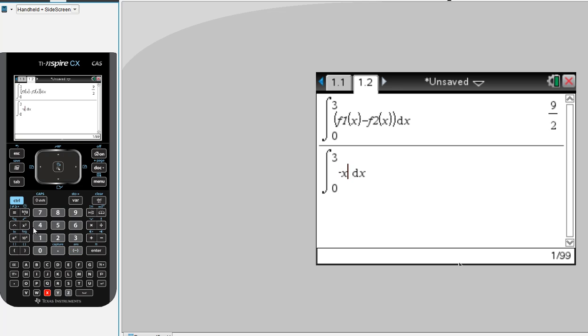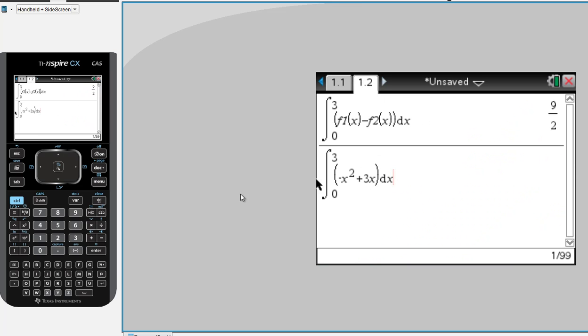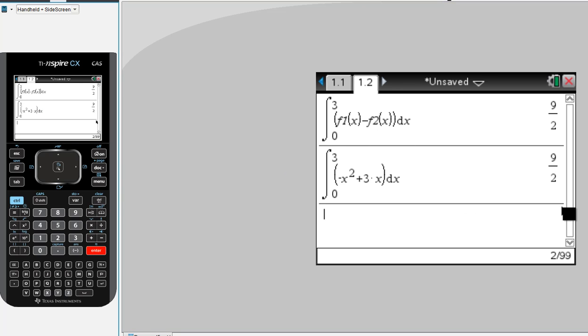Minus x squared plus 3x. Once again, because the upper function is this, and then minus the lower function. So minus x squared plus 4x minus x. That would be minus x squared plus 3x. And that's what we have here. So if we understood it correctly, it should be the same result, and it's true.